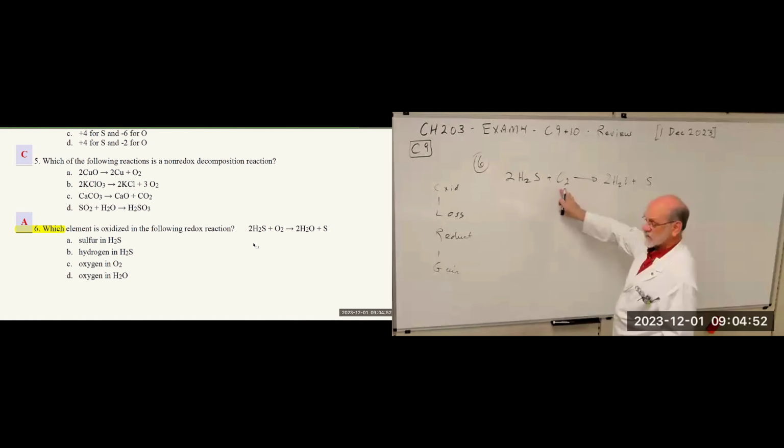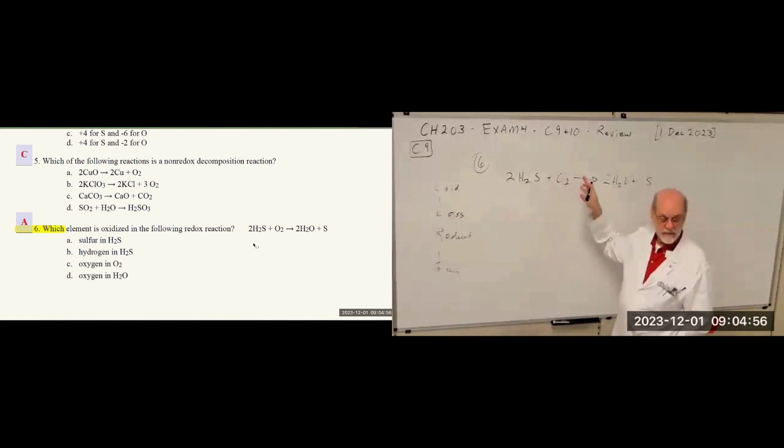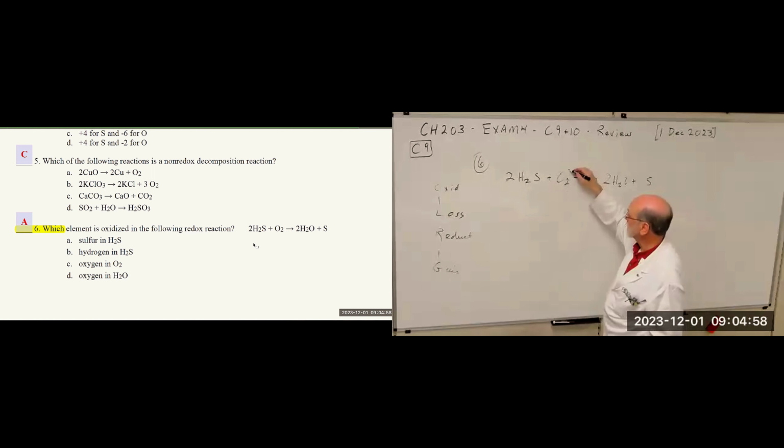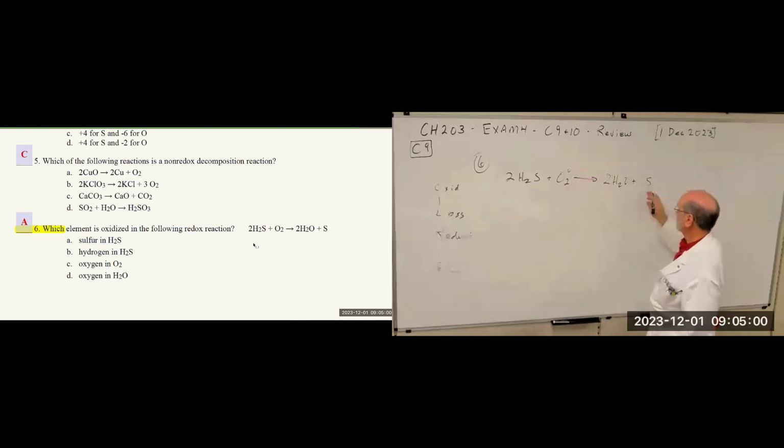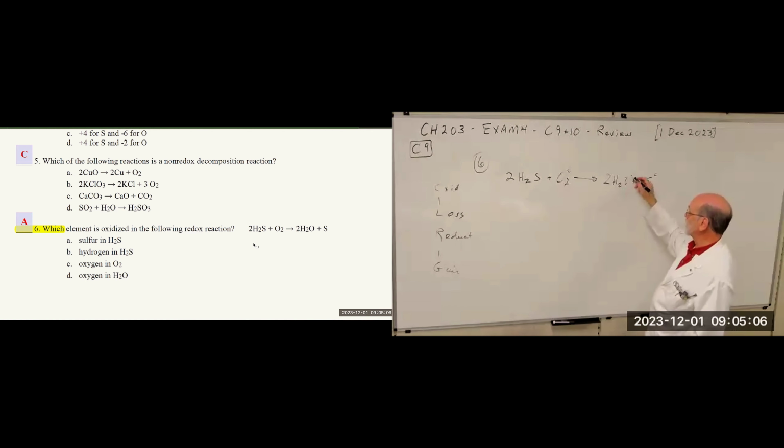Elements in their most stable state at room temperature and 1 atmosphere pressure would be a zero oxidation state. Sulfur would be zero oxidation state. We know that oxygen would give it a -2. So this hydrogen has to be a +1, right, to balance out.